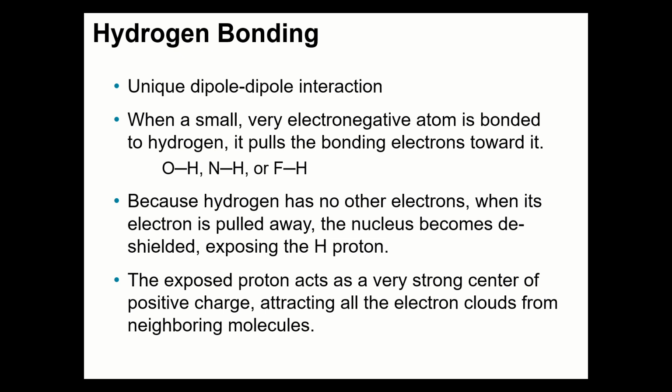What happens is that hydrogen has no other electrons, and so when its electron is pulled away, you're going to expose that positive charge, that proton inside the hydrogen, and this exposed proton can act as a very strong positive charge, attracting electron clouds from neighboring molecules.